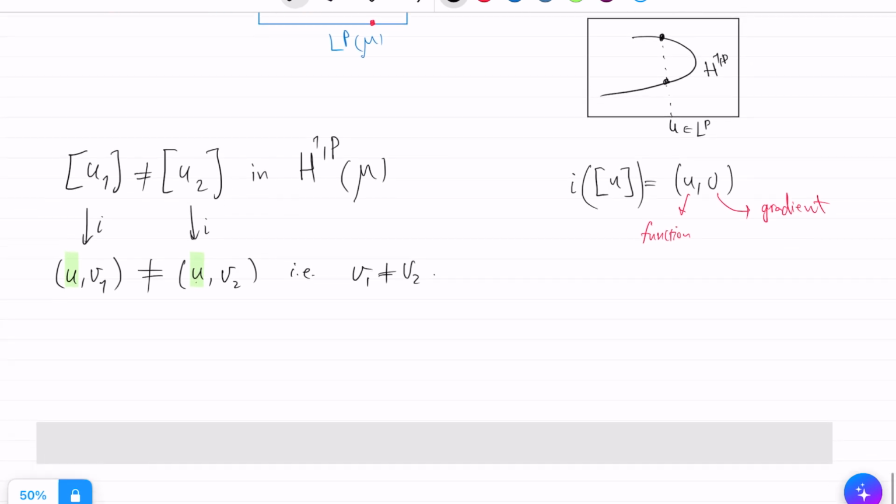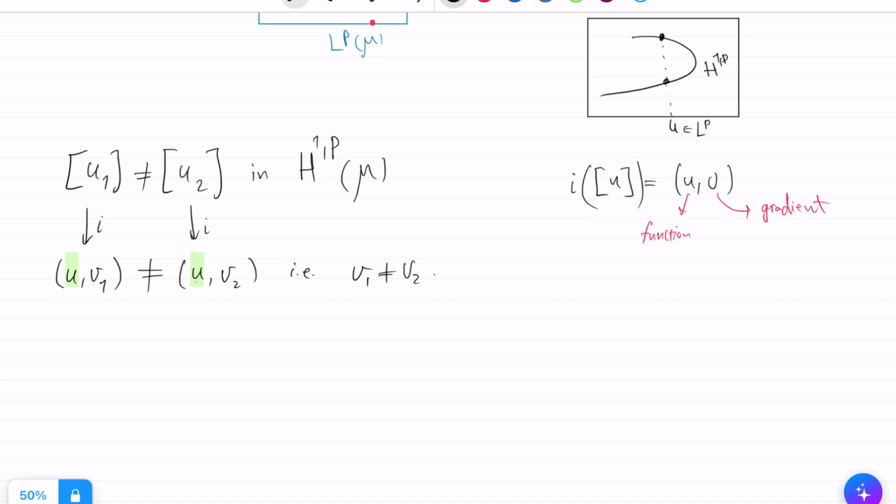How could the same function have two derivatives? Well, the same function in LP is not equivalent to the Sobolev function. That's the point. As Sobolev functions, these are different. If you disregard the gradient part, they become the same function in LP. In LP, they are the same.